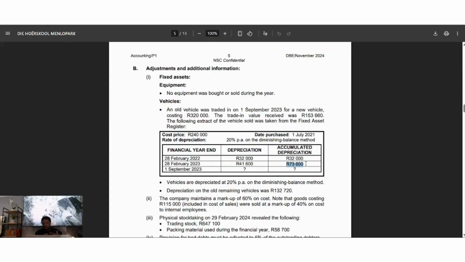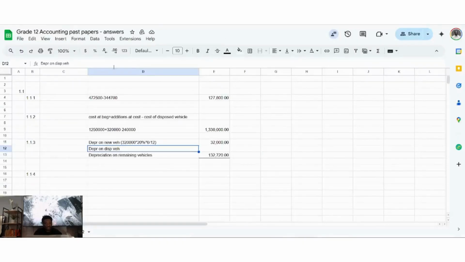So it's also going to be a 6 over 12. And you can count the months because the year starts in March 2023. So March, April, May, June, July, and August. So that's 6 months. So then to calculate depreciation in this case, we're going to say, well, the cost, which is 240,000, minus the accumulated depreciation at the beginning of the year, so that would be minus 73,600.